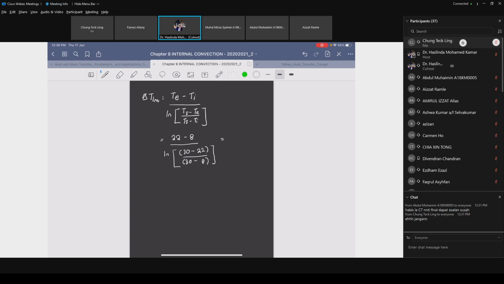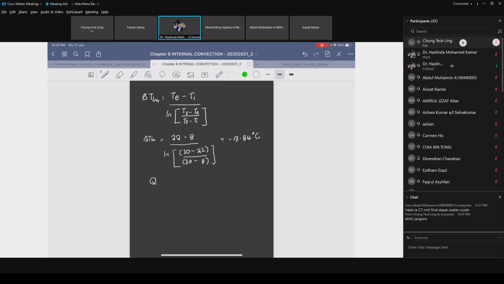Okay, so what is the answer? Boleh dapatkan tak? Negative 13.839. Negative 13.84 lah ya, kita ambil degree Celsius.